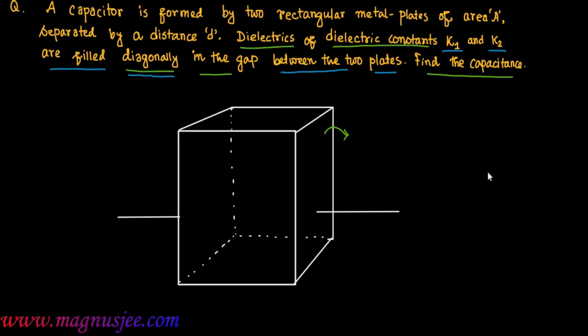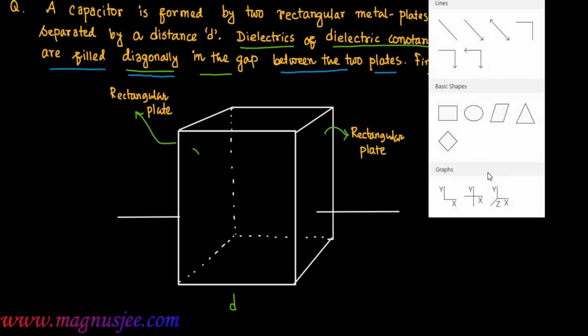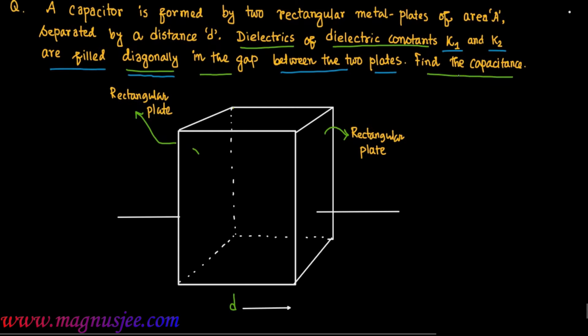This is a rectangular metal plate of the capacitor, and this is another rectangular plate of this parallel plate capacitor. d is the distance between these two rectangular plates of this capacitor.